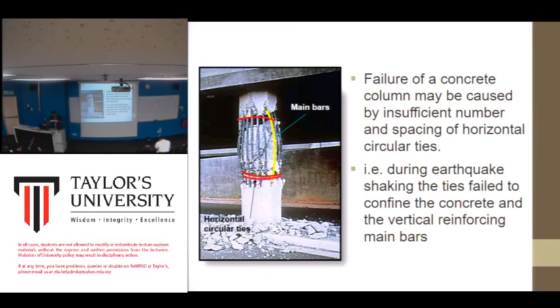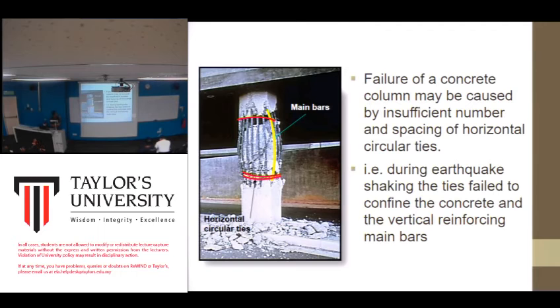Failure of a concrete column may be caused by insufficient number or spacing of horizontal circular ties. In the construction of concrete columns, before you pour the concrete into the formwork, you need to arrange the steel reinforcement bars like this, and then you also need to have ties.